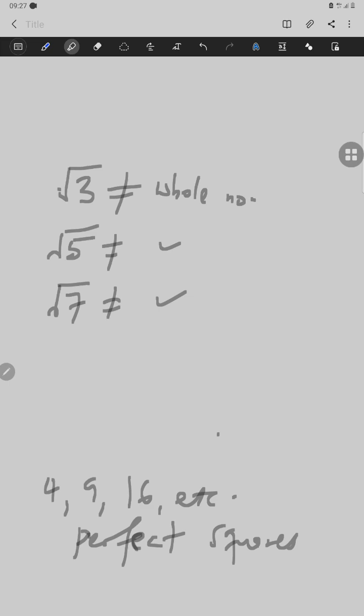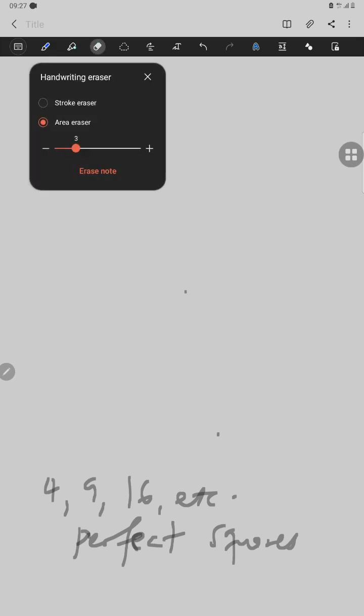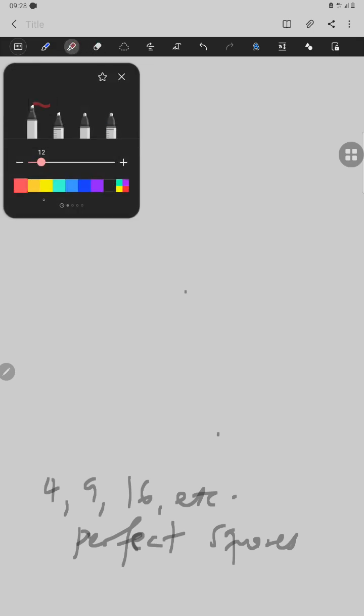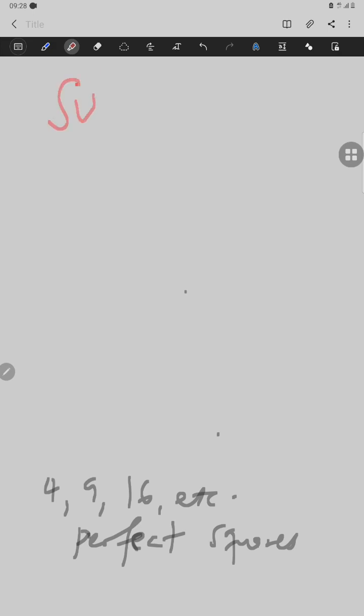All right. So we call these surds. We saw that when you take the square root of those numbers, you cannot simplify them further.